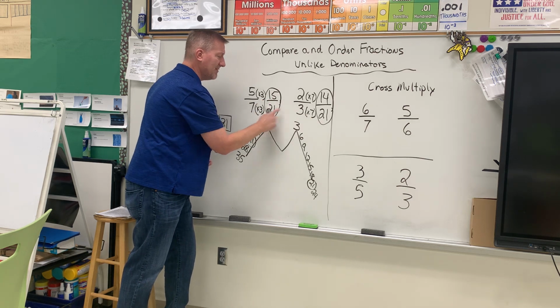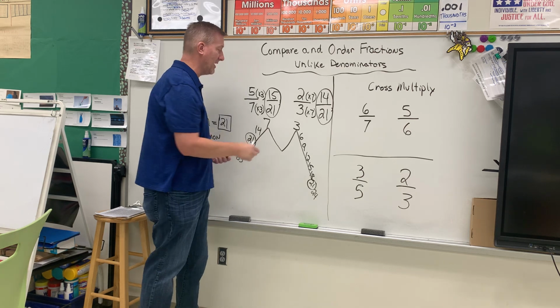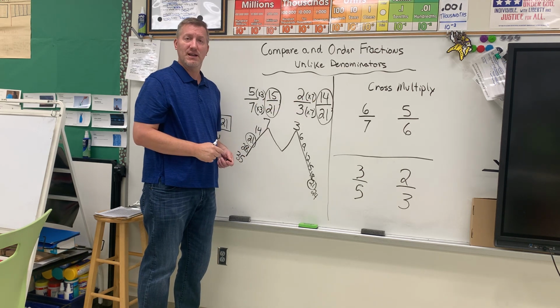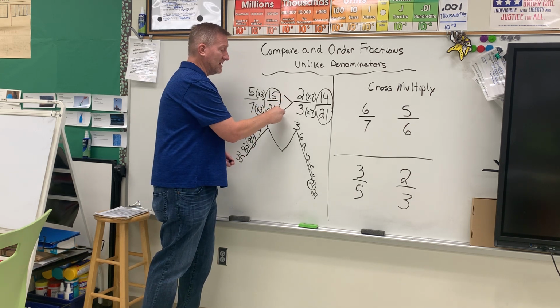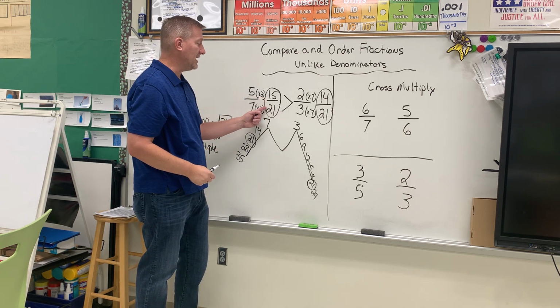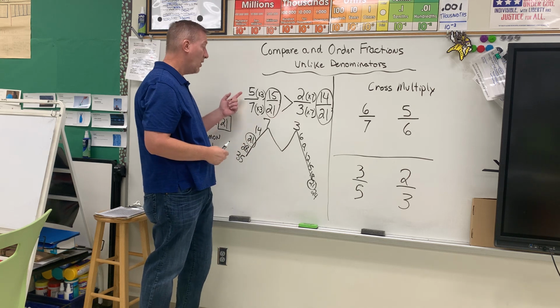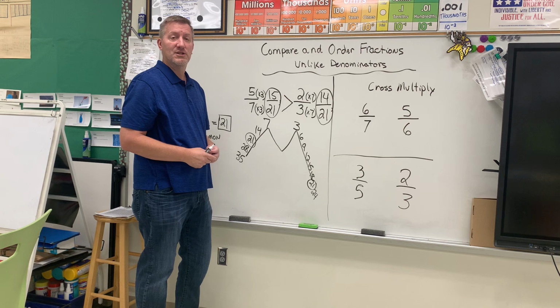Now, they both have the same denominator, so all I have to do is compare the numerators. Is 15 larger than 14? It is. So I would put my symbol facing the 15. So I would say 15 21sts is greater than 14 21sts, or 5/7 is greater than 2/3.